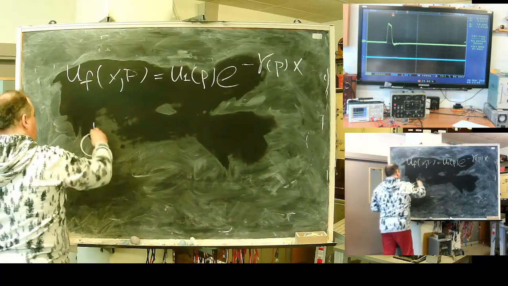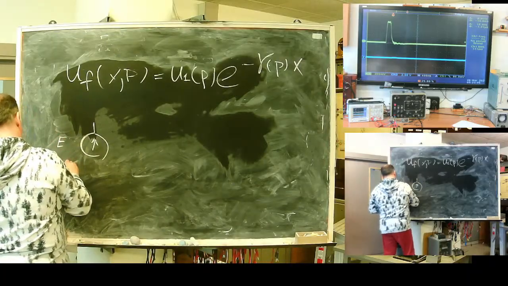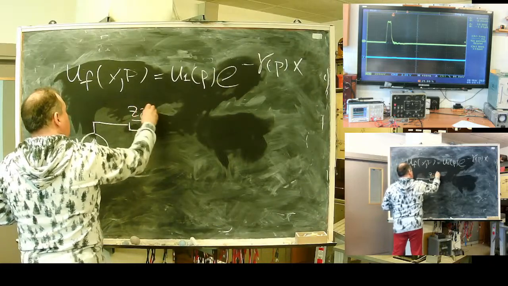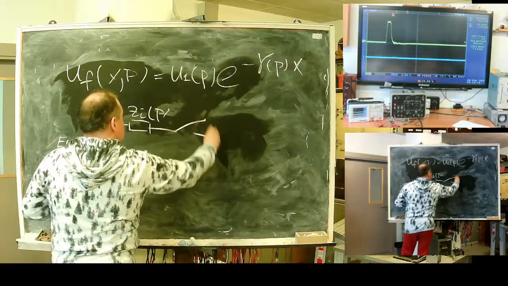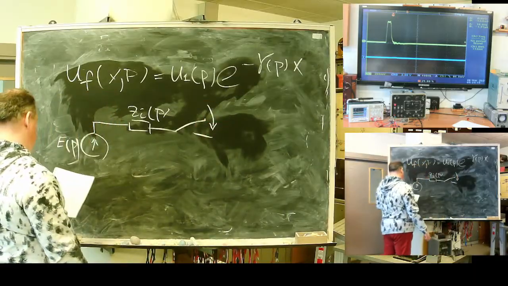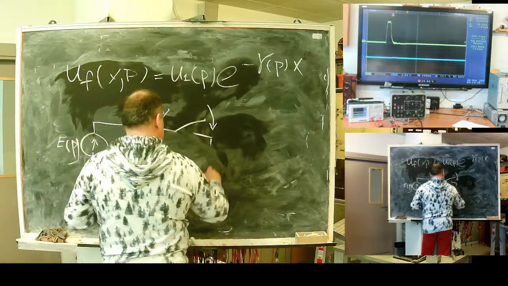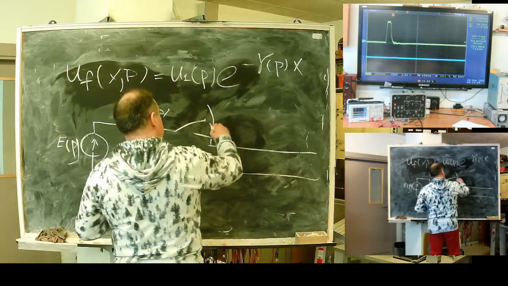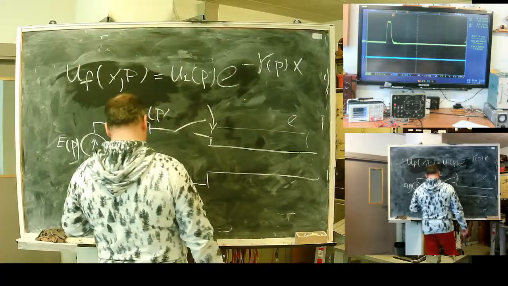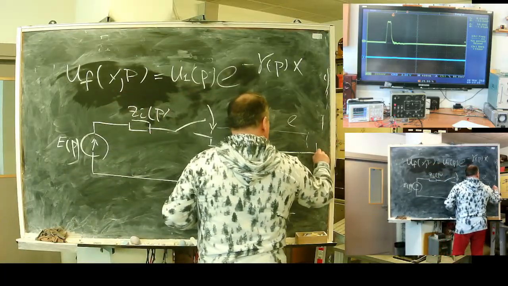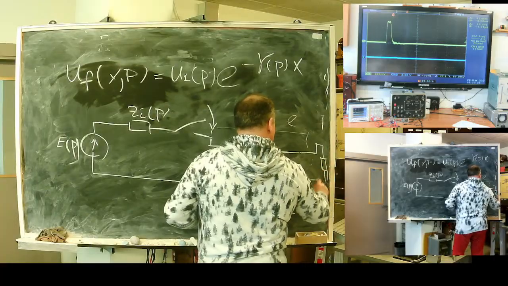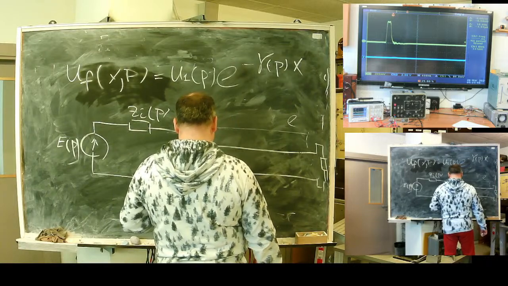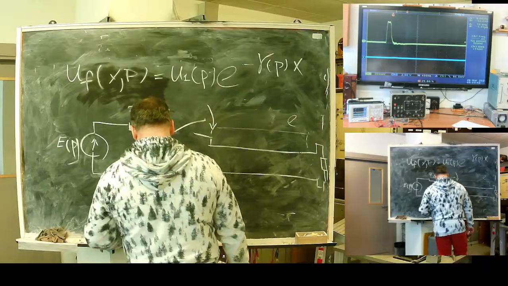Simple schematics. Let's say I have here a kind of internal resistance, a switch, and here goes my line with the length of L. The line is loaded with some resistance.